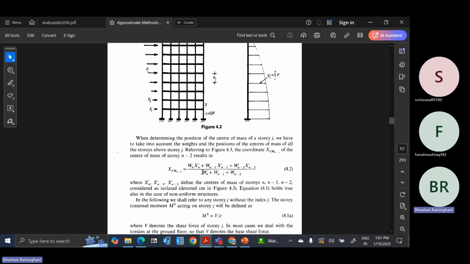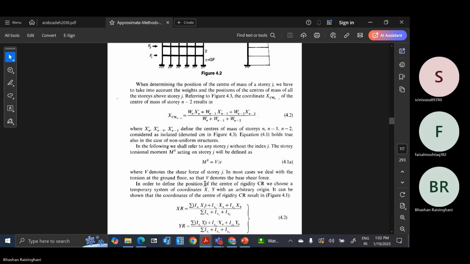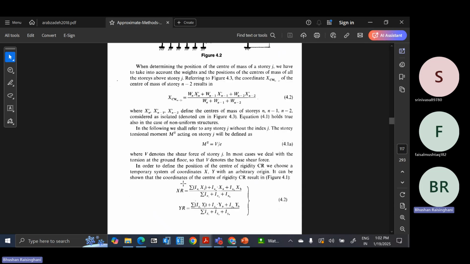So from the mass, they have considered weight. We can directly take the mass also, but generally we estimate all values in terms of the weight, not in terms of the mass. So it is the ratio of the weight ordinate upon weight. That way, that is the center of mass in X direction.